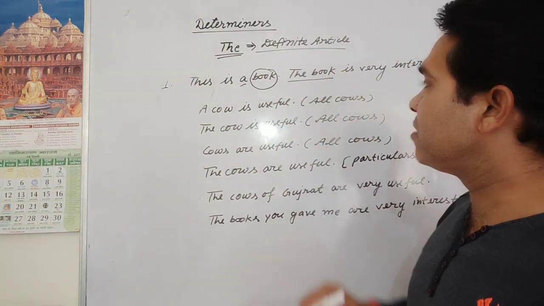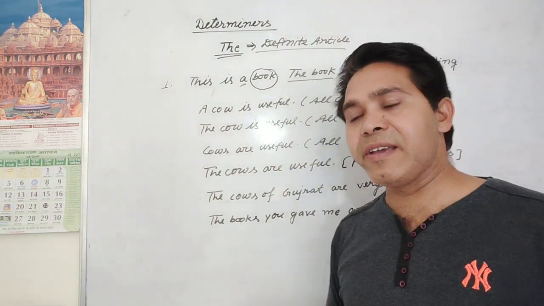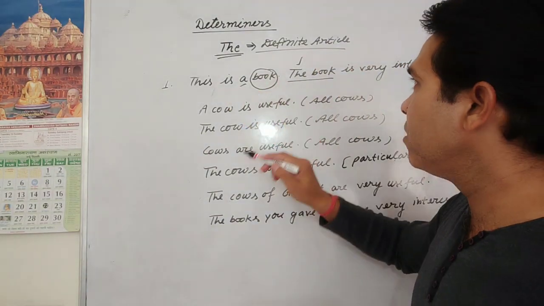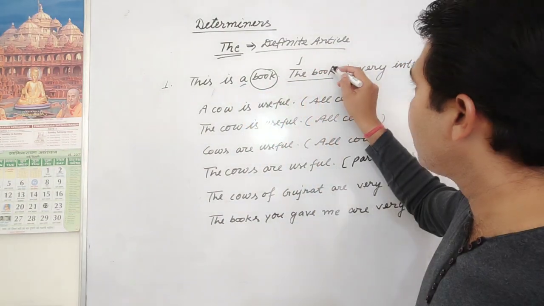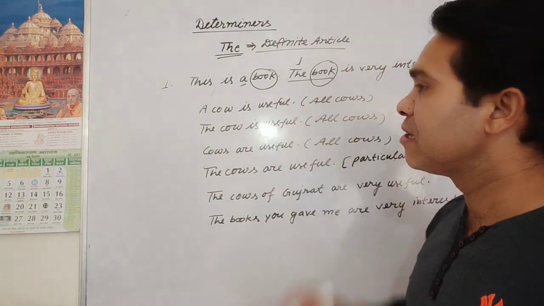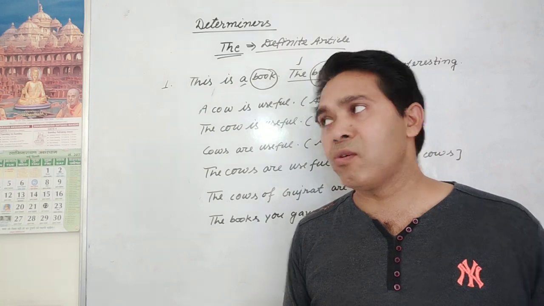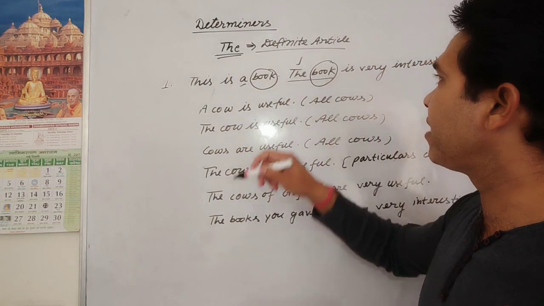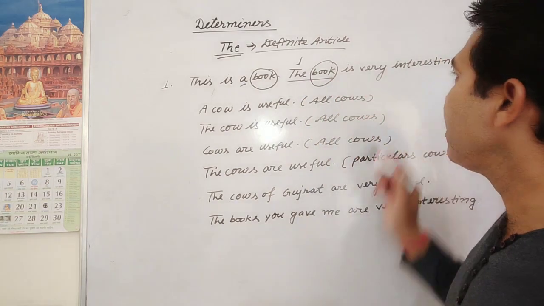And if the same word is used a second time, then the. You can see here, this is a book. Now the book. Before this book we have used the. If we use a book, then it will be totally wrong, because the first time it has come and now it is the second time. That's why the book is very interesting.